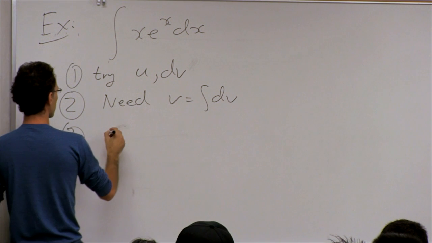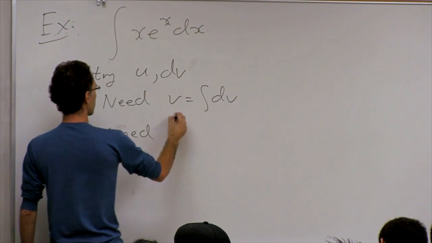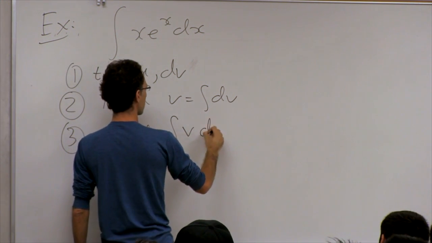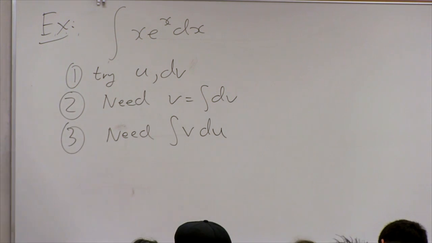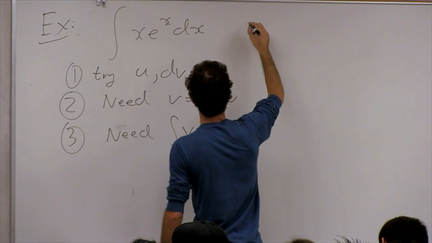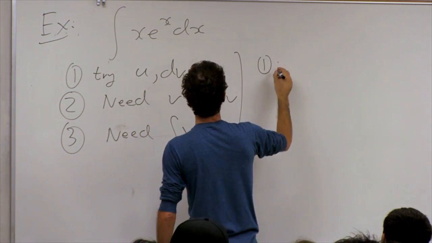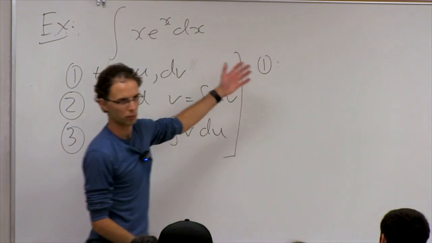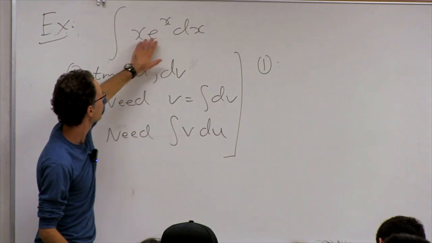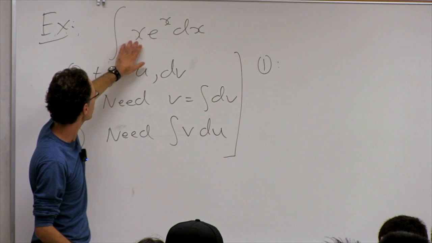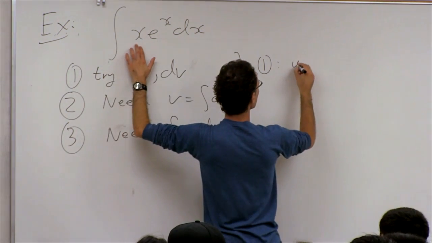And then we also need the integral of v du. Okay, this is like the general method for using integration by parts. So in this example here, for one, let's try just completely random. There seem to be two real functions here multiplied together. Let's try u is x.